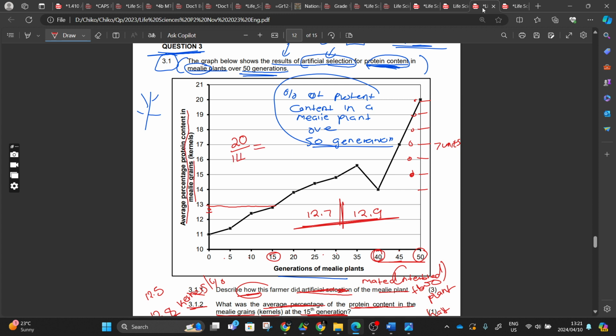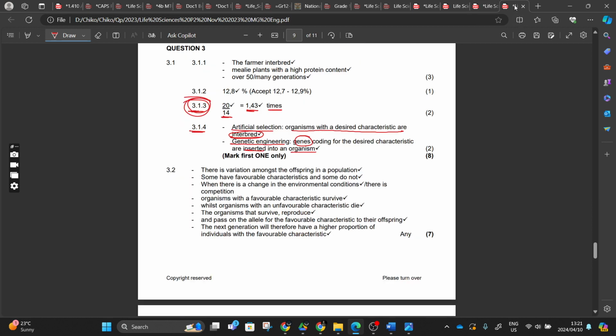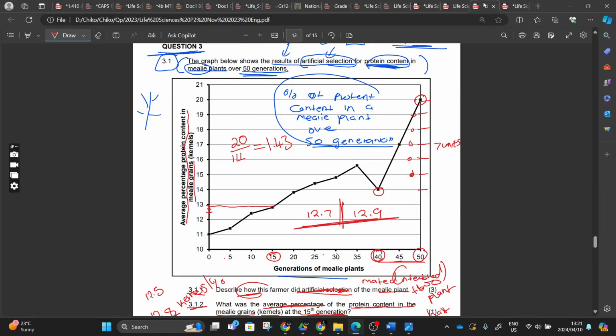Why are we saying 20? This 20 here divided by this 14 here. That's what we are getting, and then the answer will be 1.43 times, right? So they are saying that this increase here was 1.43 times. It will be 1 and a half mostly here, right?